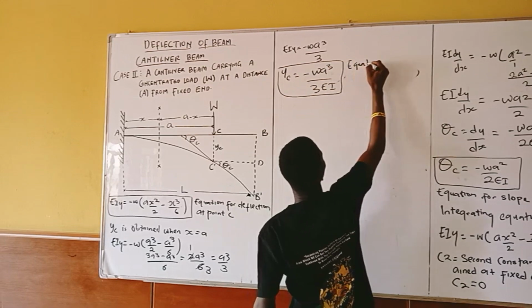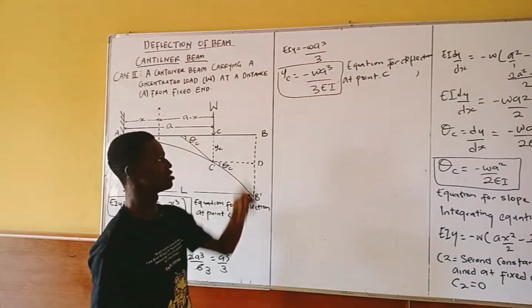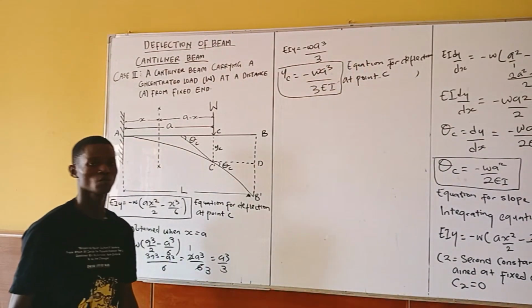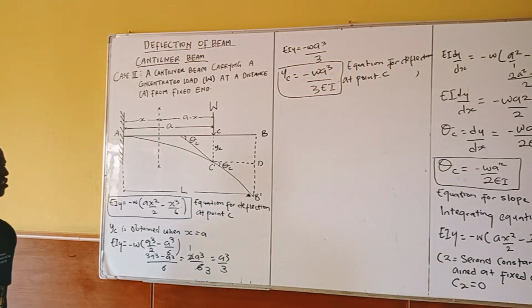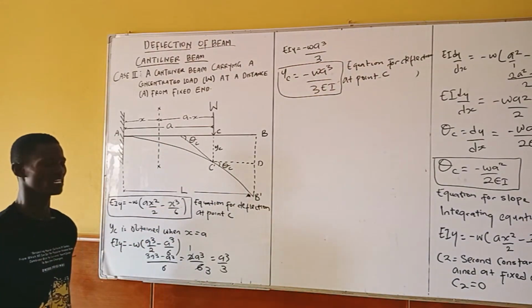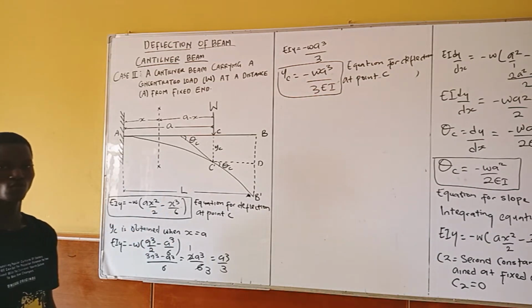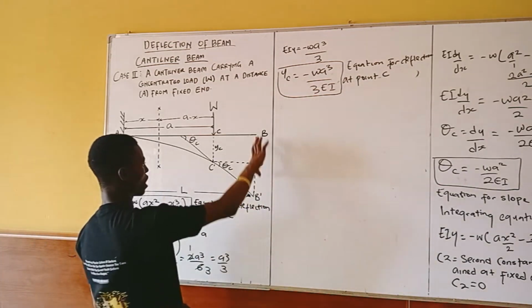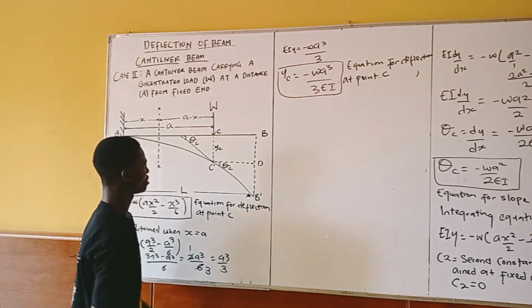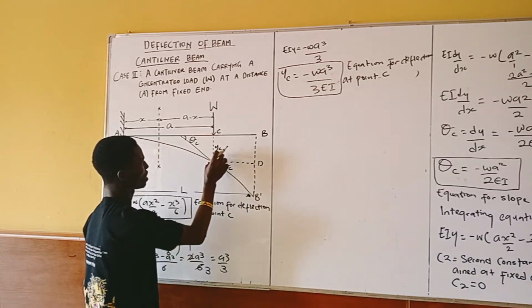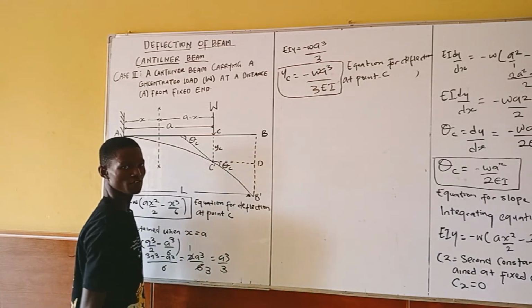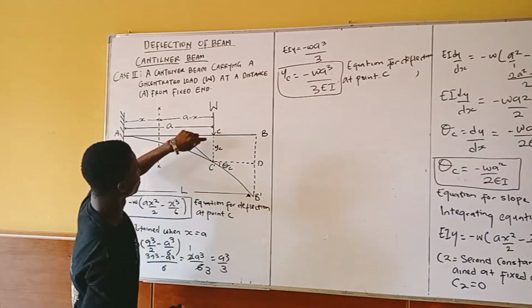So this equation is the equation for deflection at point C. But if you look at this diagram very well, you can see that point C is not where we have our maximum deflection. This is where our maximum deflection is. This is our YC, which is the deflection here.